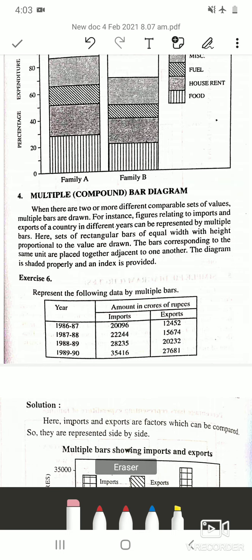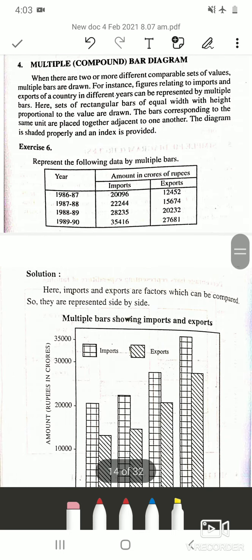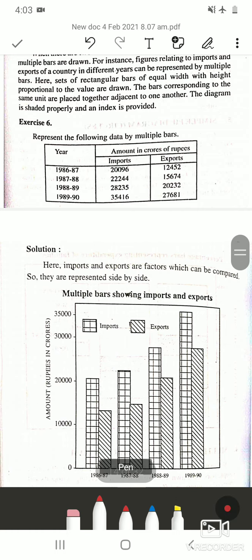The question is: represent the following data by multiple bars. For the year 1986 to 87, imports is given and exports is given in terms of crores. Similarly, from 1987 till 1989 to 1990, the imports and exports are given.